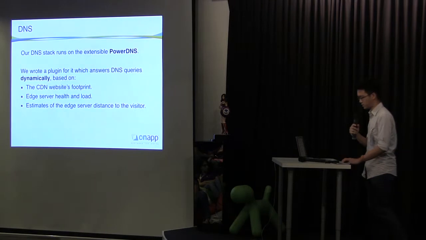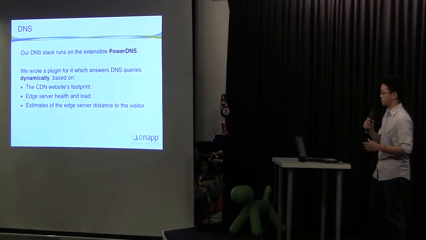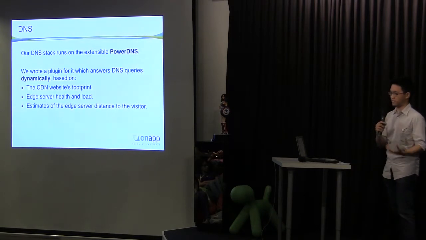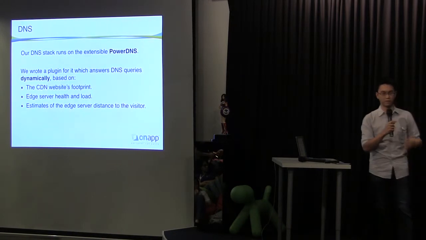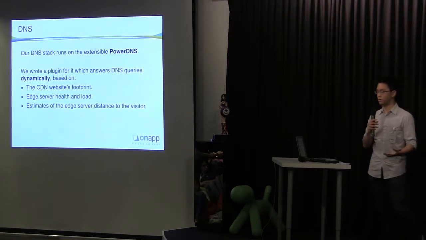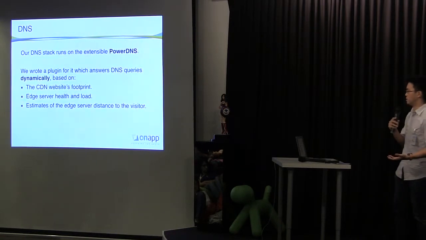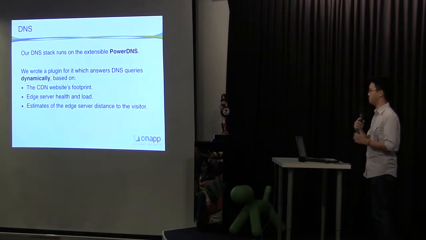And finally, the estimates of the edge server distance to the visitor, which is, well, let's say you have a server in Kuala Lumpur and United States, and your visitors are accessing it from, let's say, Singapore. So which is a better server to route the user to? So logically, it may be Kuala Lumpur or may not be.